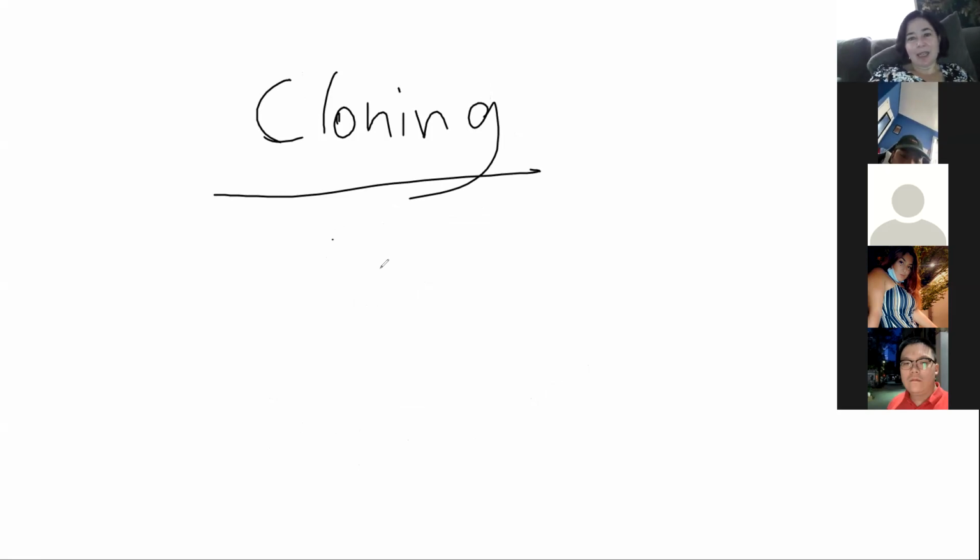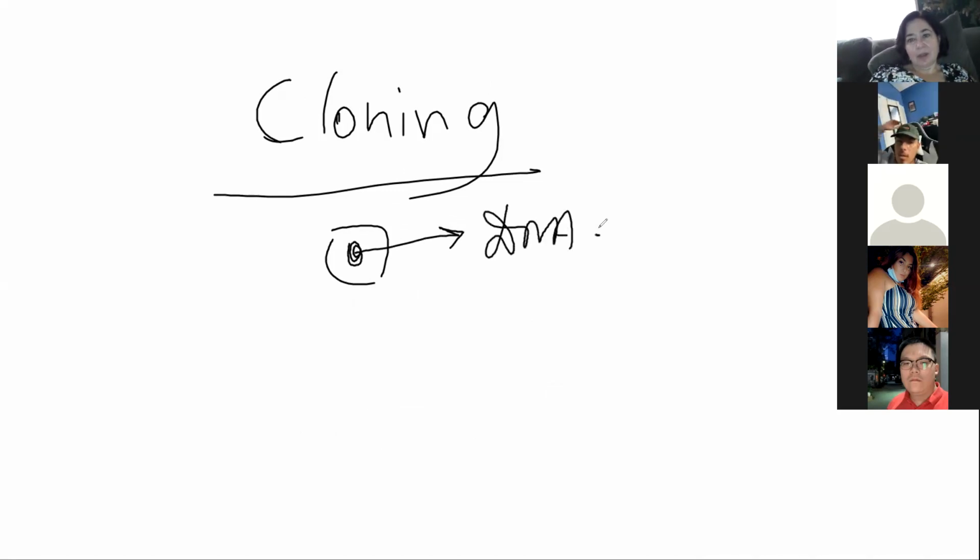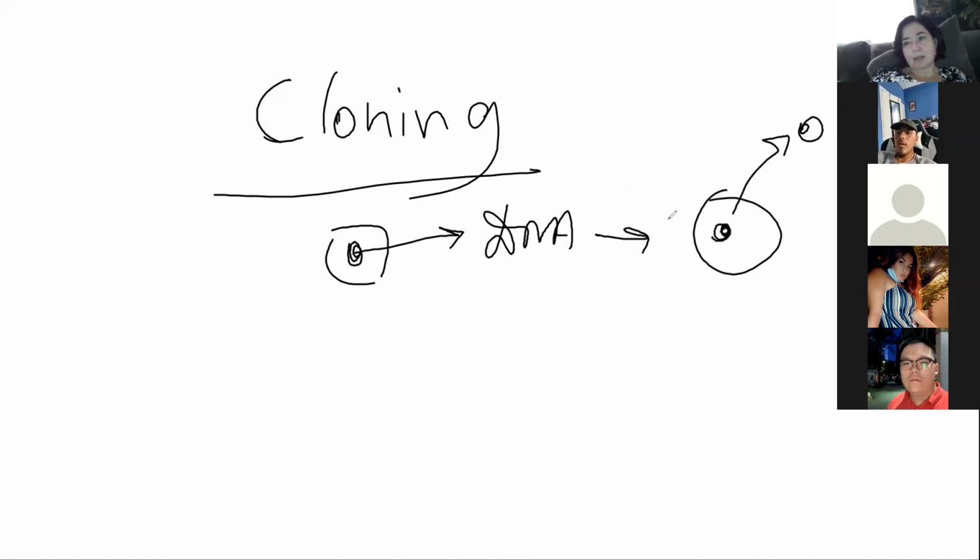You can collect any cell from the animal. You collect their DNA from the nucleus, then you use the egg cell of another animal, take the nucleus from the egg cell, and insert this DNA in. So this is cloning.